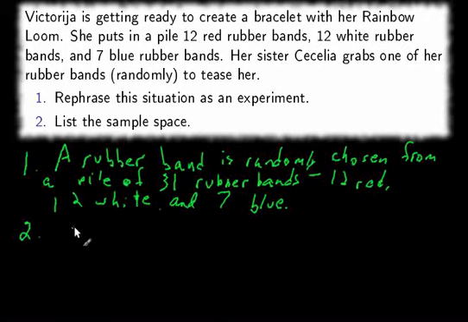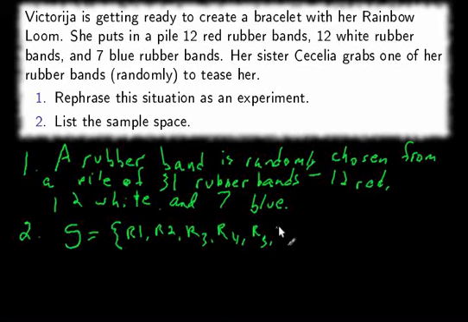But there are 12 different red rubber bands that can be chosen. So the sample space really looks like this. It's red 1. That's a different outcome from picking red rubber band number 2, or 3, or 4, or 5, so on and so forth.